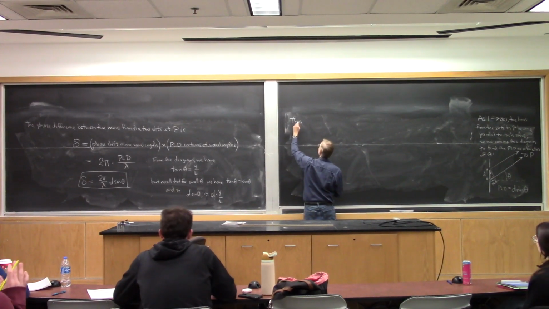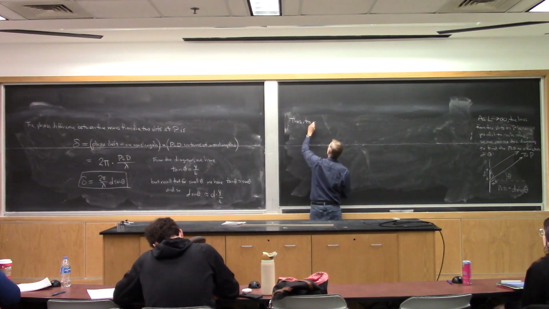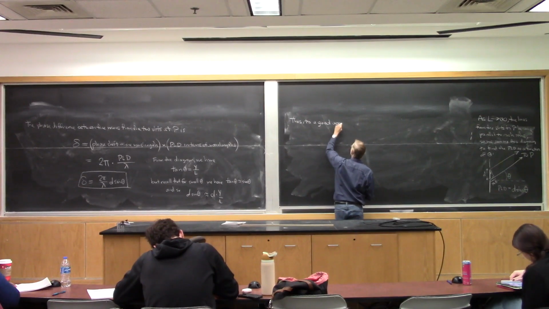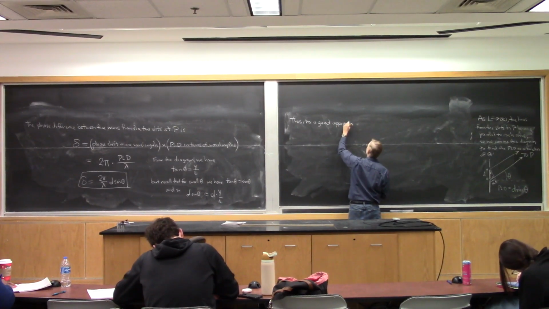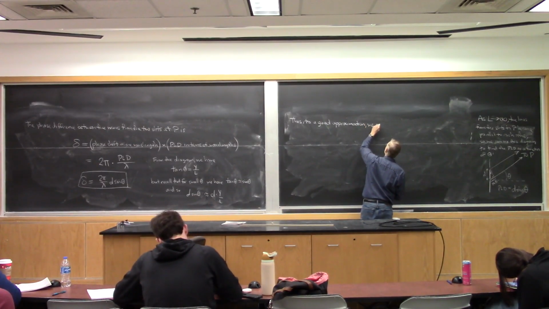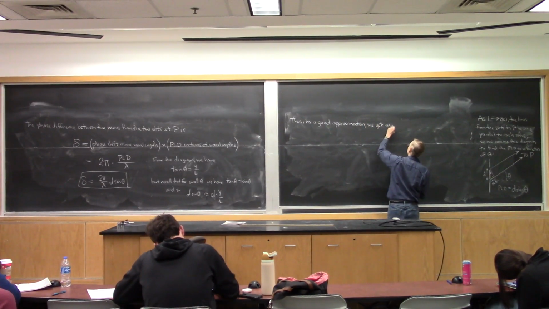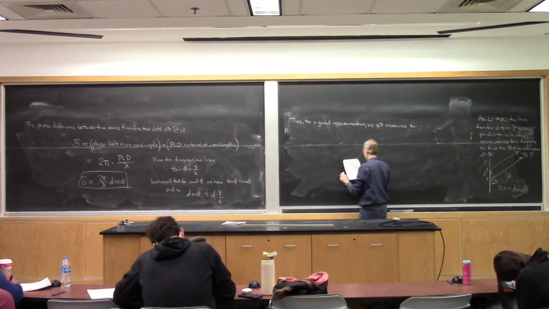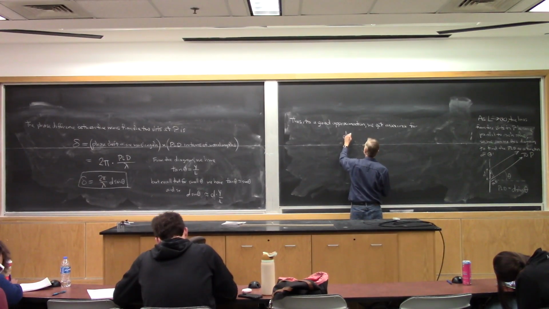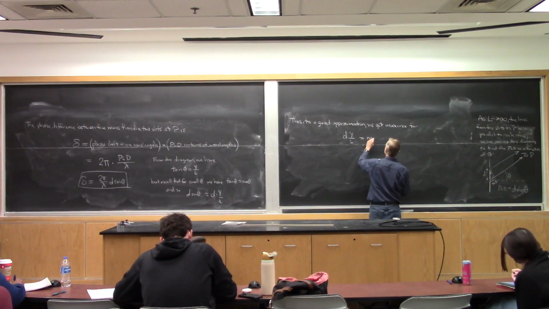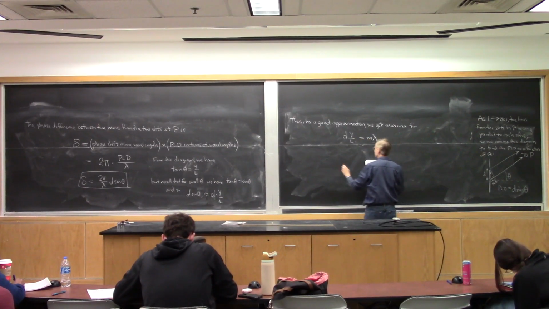Thus, to a good approximation, we get maxima for d y over L equal to an integer times lambda.